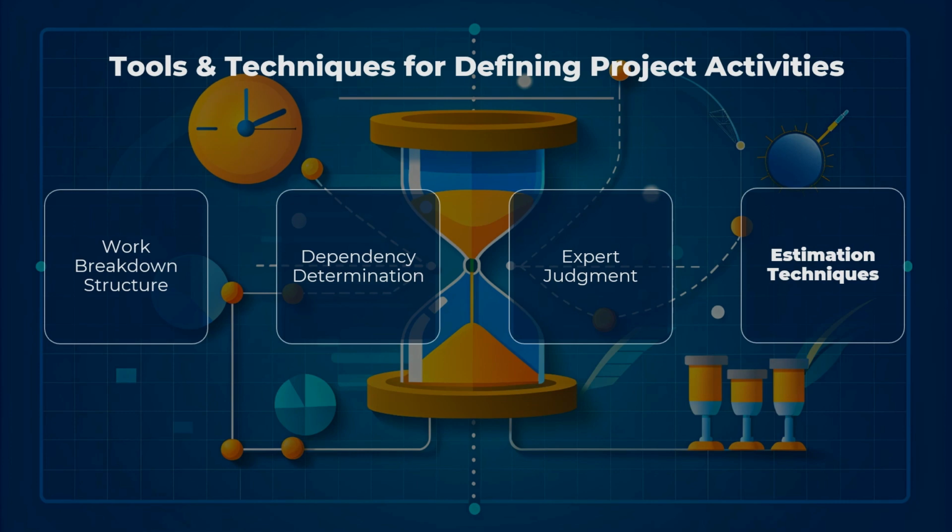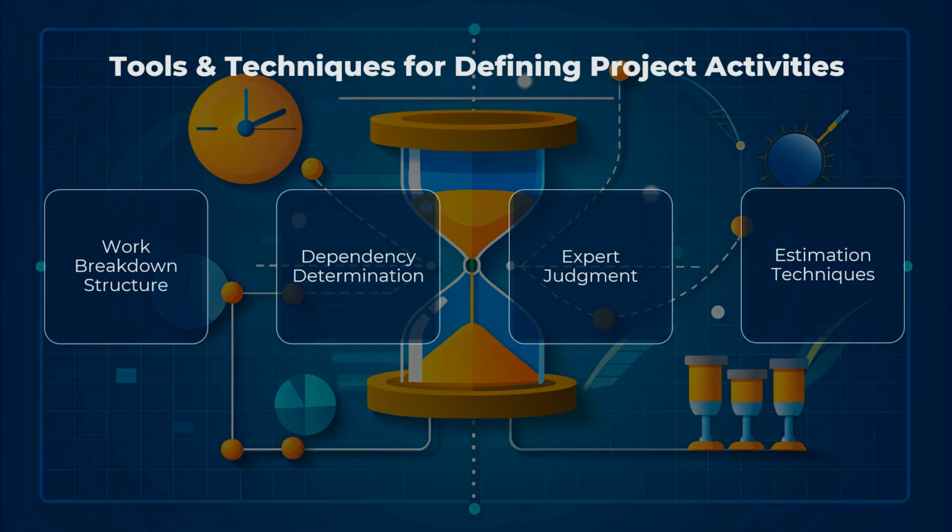Three-point estimating uses three estimates, optimistic, pessimistic, and most likely, to calculate an average estimate. Bottom-up estimating involves estimating the cost or duration of each activity and then aggregating them to get a total project estimate. Benefits: these techniques provide a more accurate and realistic estimation, helping in effective planning and resource allocation.